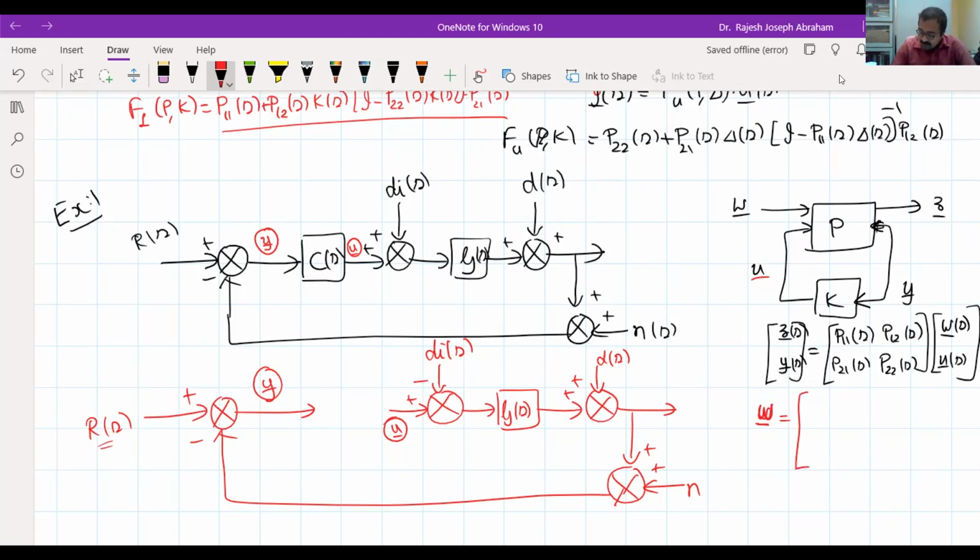So my vector W bar will be R(s), then Di(s) is another external input. Then we have the plant output disturbance D(s), that is the next exogenous input, and the last exogenous input to the system is the noise N(s). Okay, so this is my W bar.